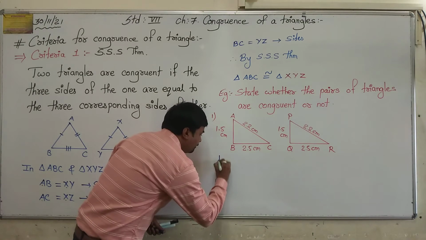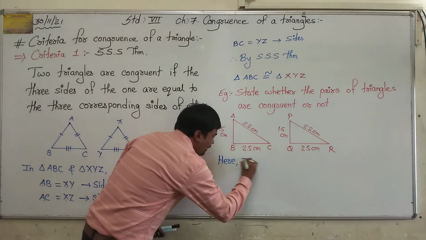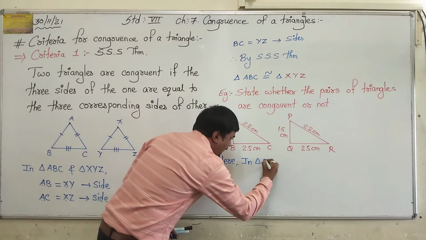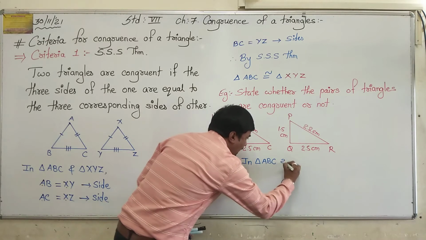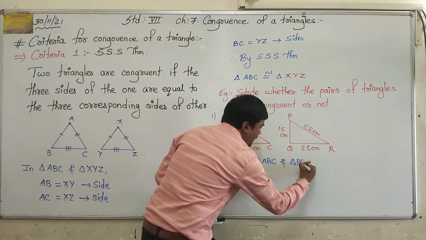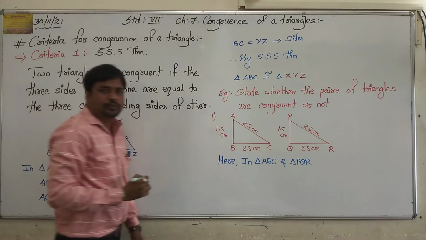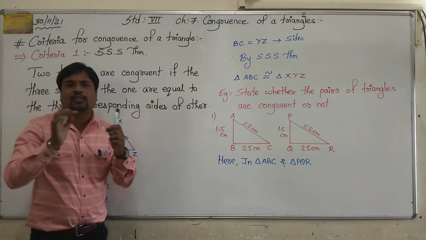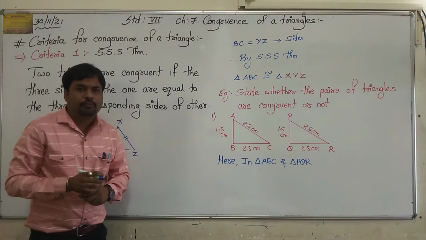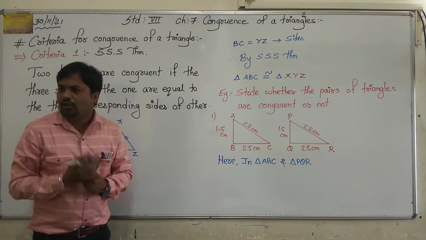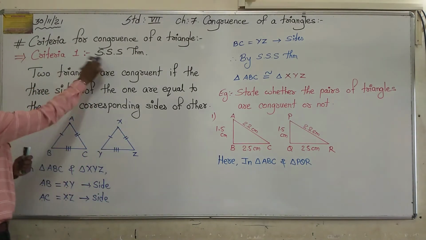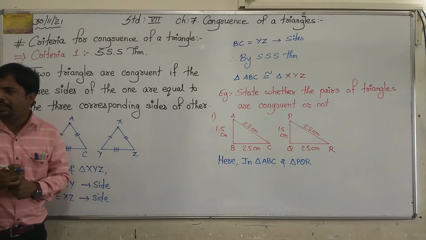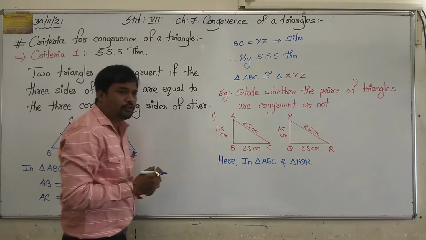Here, in triangle ABC and triangle PQR, try to observe the figure. You can see all sides are given to you. So obviously we are looking for this criteria, SSS criteria. Let's see whether it is true or not.